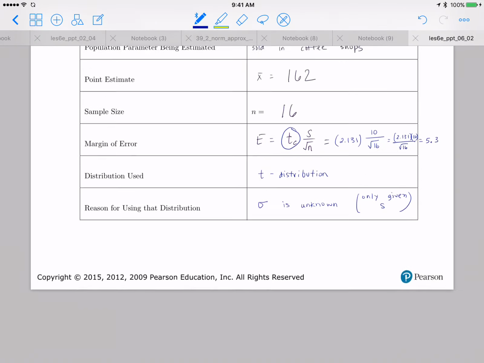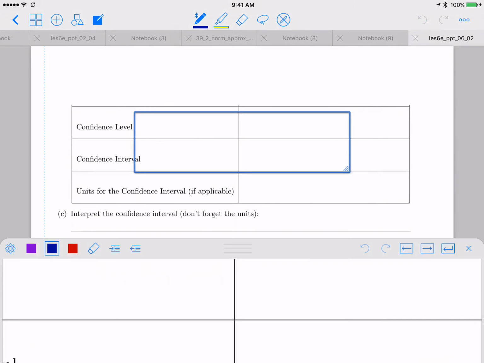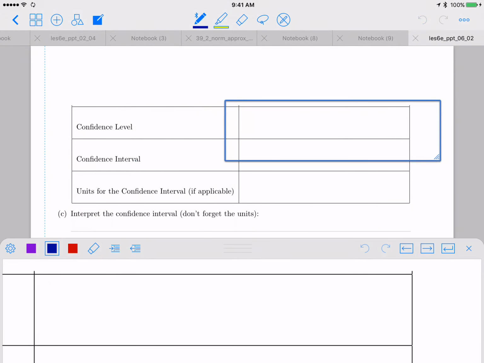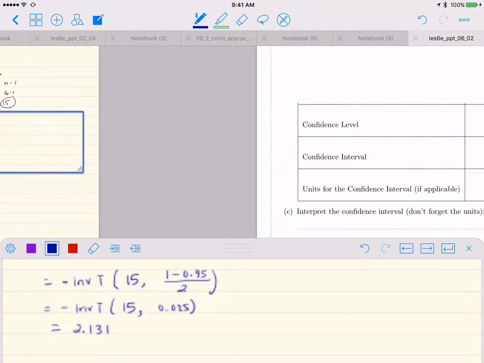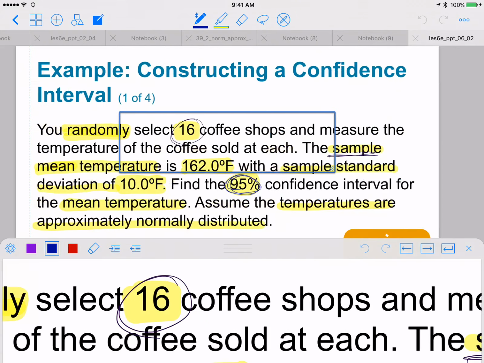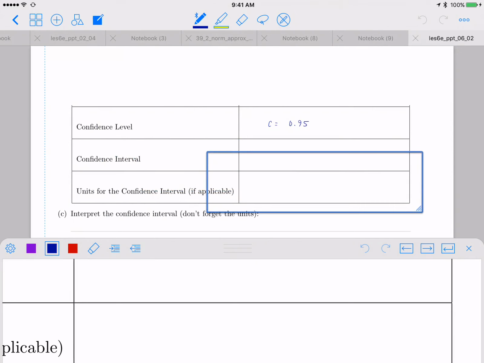So we're looking good. Confidence level. We said our confidence level is 95%. So we say C equals 0.95. And the units for the confidence interval, remember, we're measuring the temperature, in degrees Fahrenheit. So our units are going to be degrees Fahrenheit.